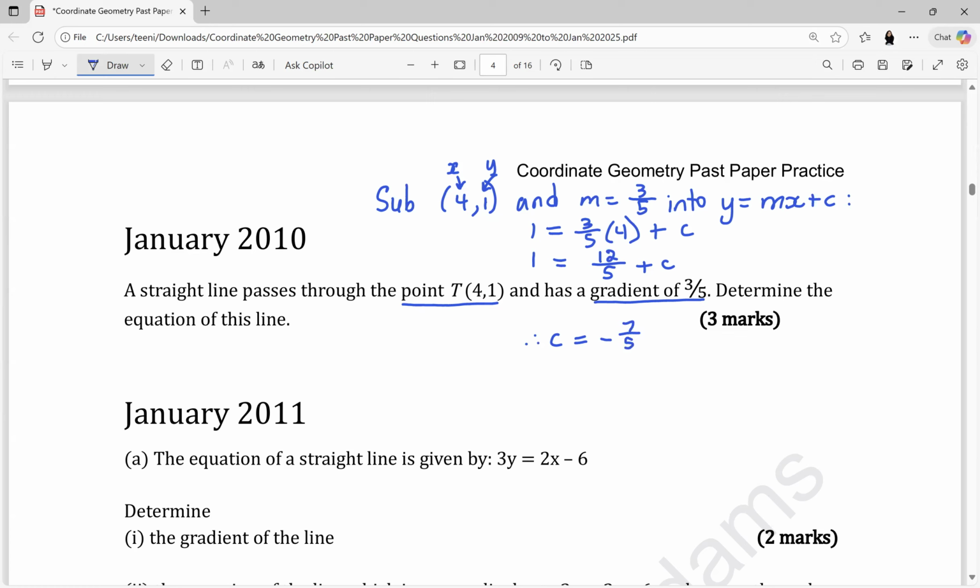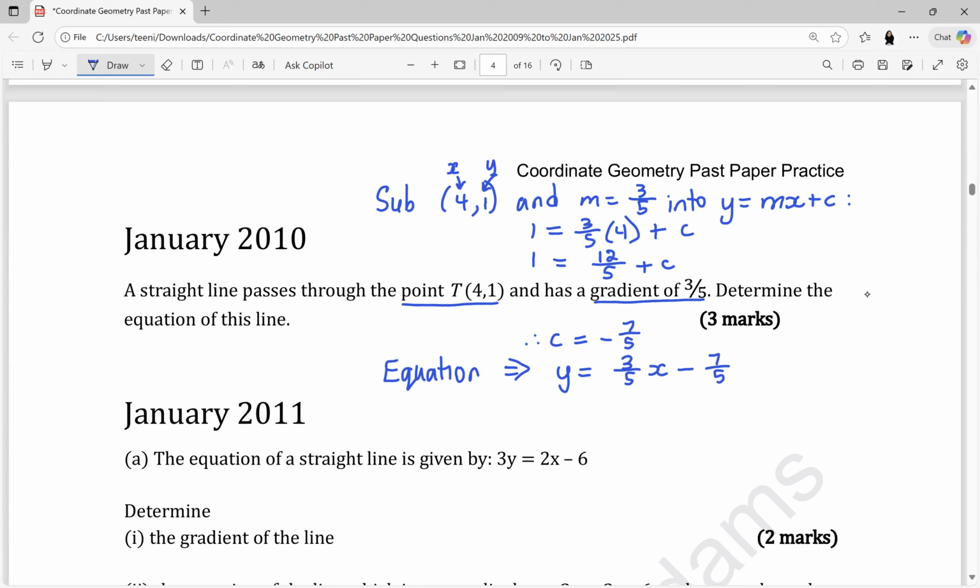All right, so now that you have c, you have m, you rewrite the equation of the line, replacing m and c. So therefore, the equation of this line would be y is equal to 3/5 x minus 7/5.